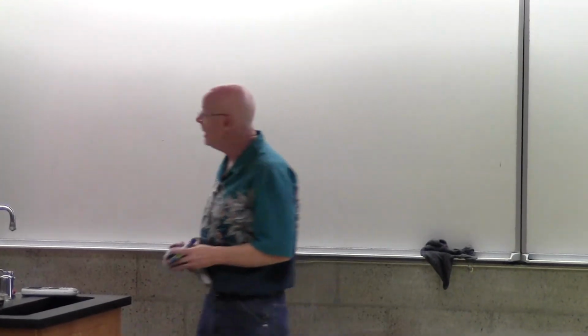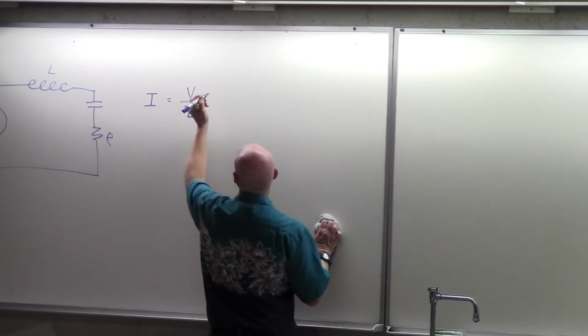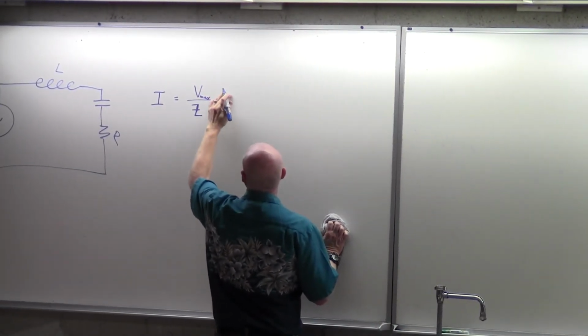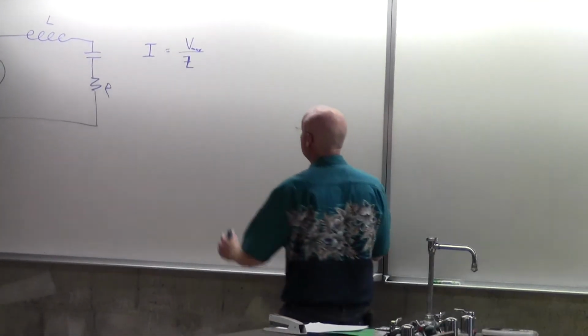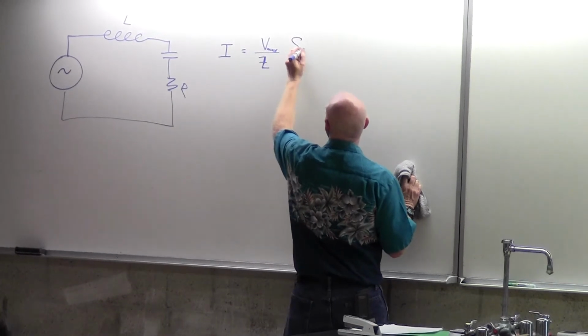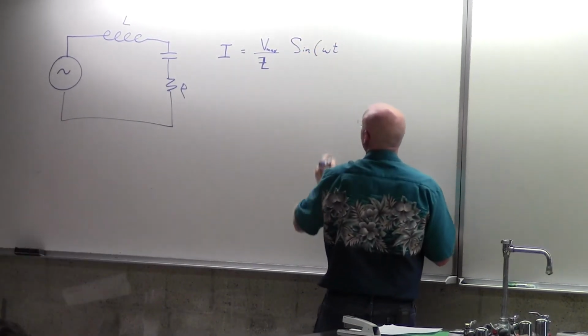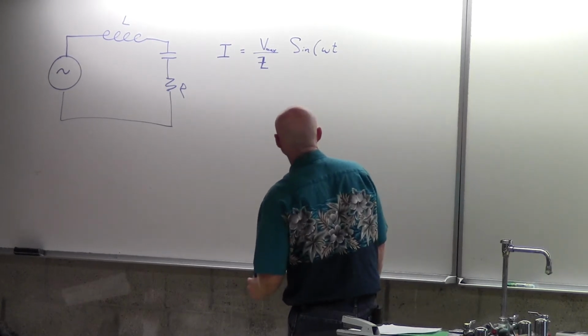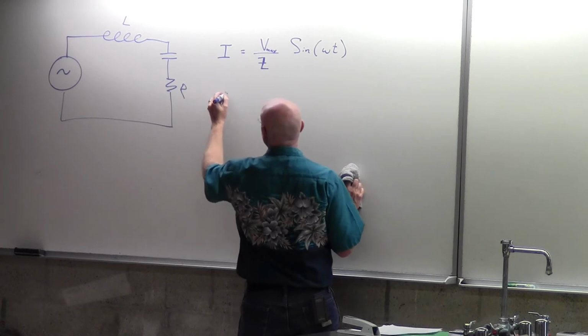We called that the impedance. And then, of course, there was the sine or cosine. I'm trying to remember, did we use sine or cosine? I guess we used sine. Sine, yeah, sine omega t.